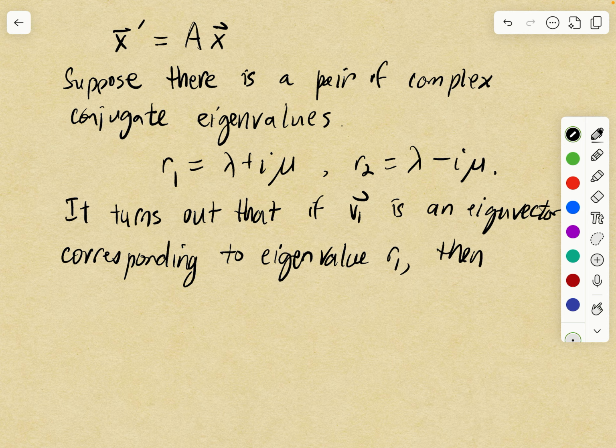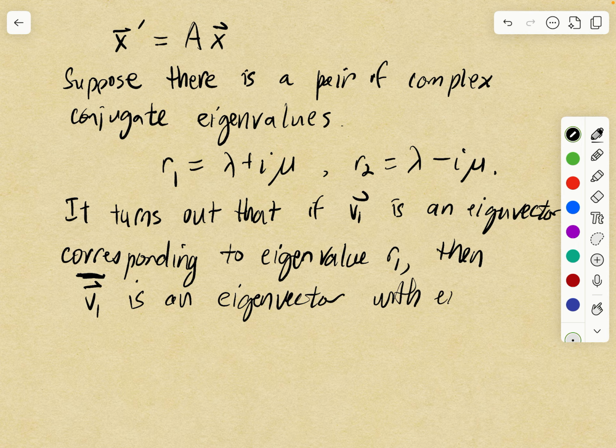then v2, let's say you take v1 and then you take the conjugate. So you just take the complex conjugate of the components of v1. So this is with the bar, right? It means complex conjugate. Then this is an eigenvector with eigenvalue r2.